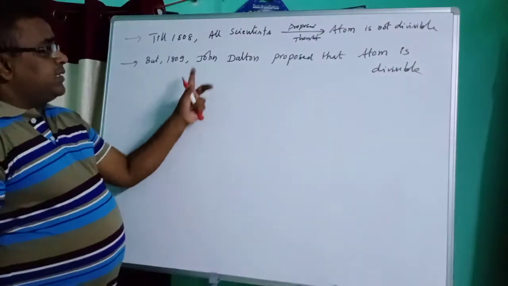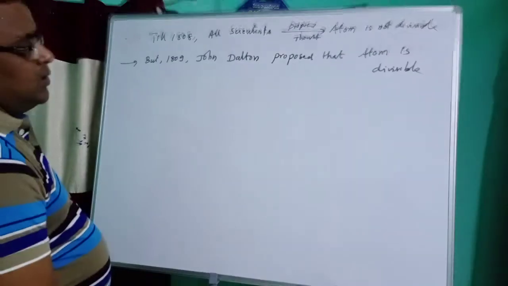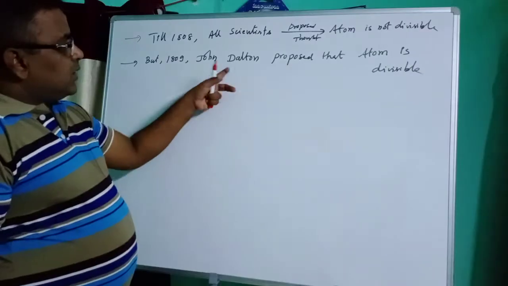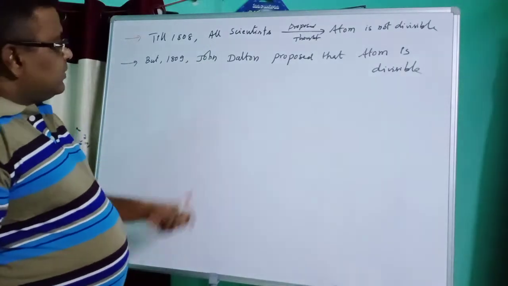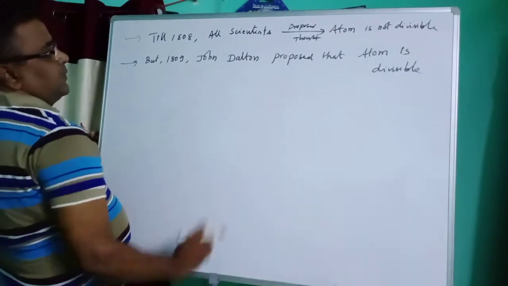But in 1808, John Dalton proposed that an atom is divisible, and John Dalton proposed the first atomic theory, that is the Dalton atomic model.